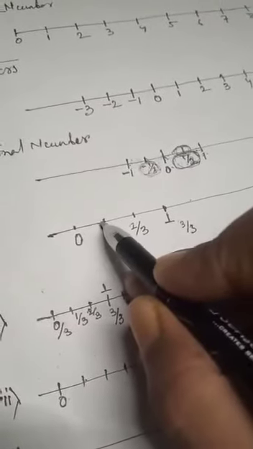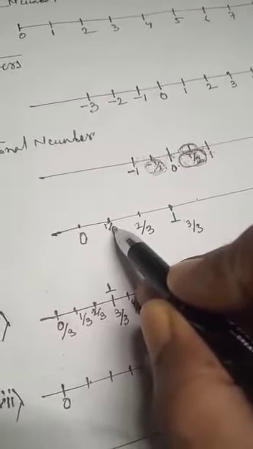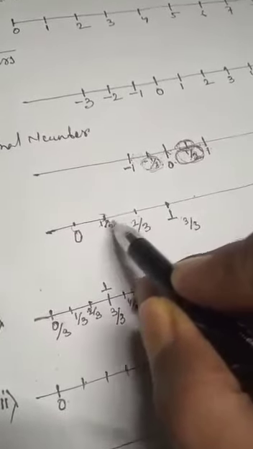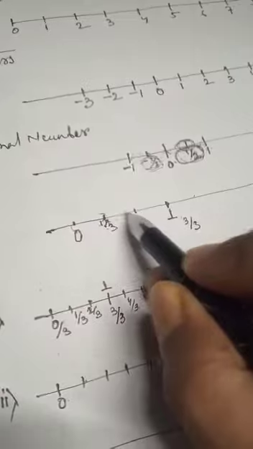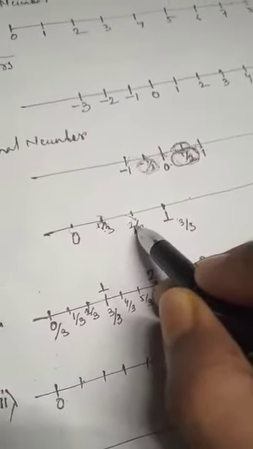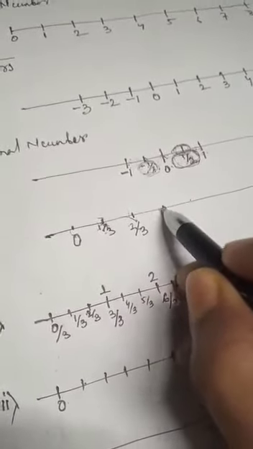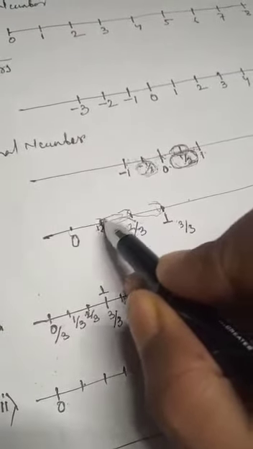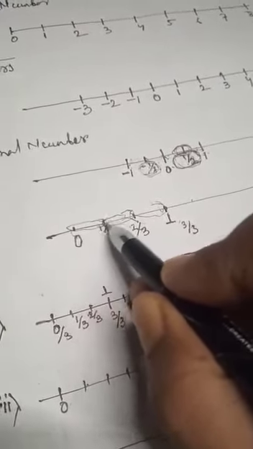So the distance from this to this is equal to this to this, that means 1 by 3 to 2 by 3 is an equal distance. Again 2 by 3 to 3 by 3 is an equal distance.